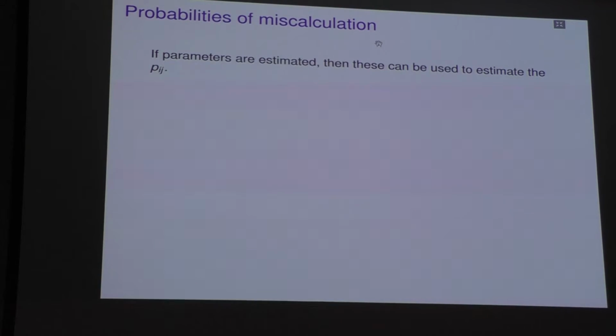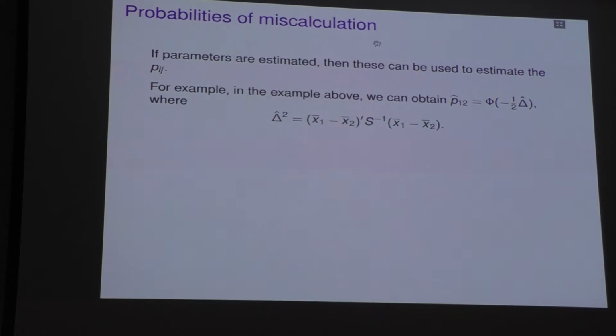Well, so far I've been talking as if I knew exactly what all the means and the variances were, so mu1 and mu2 and sigma, but obviously in real life we probably don't know that. All we've got is some data points, and so we're estimating our means and our variances.